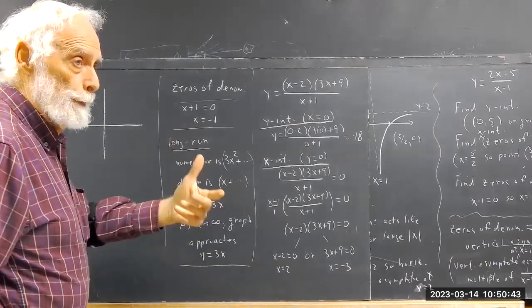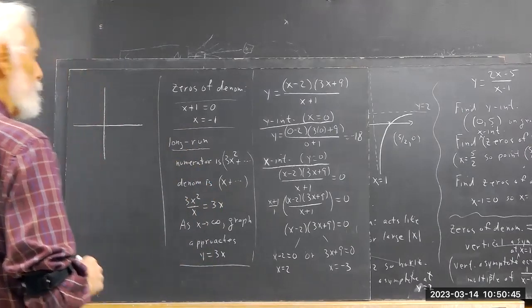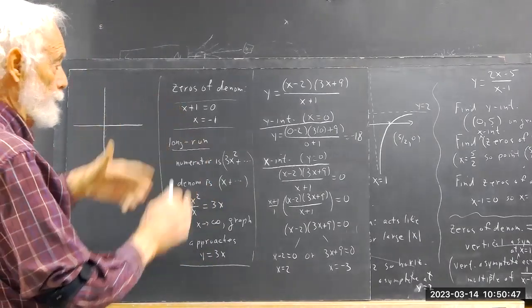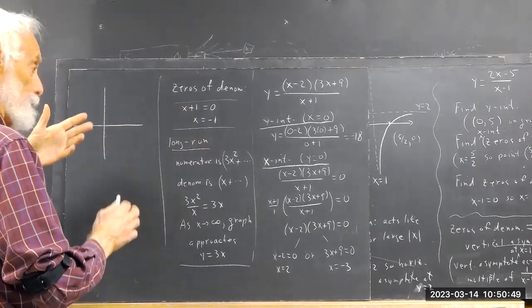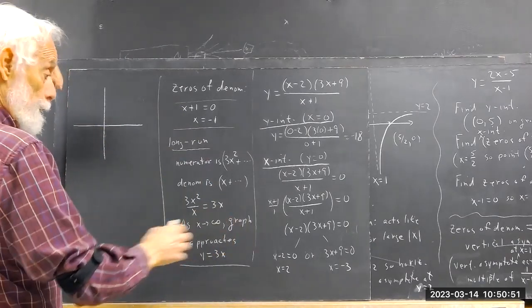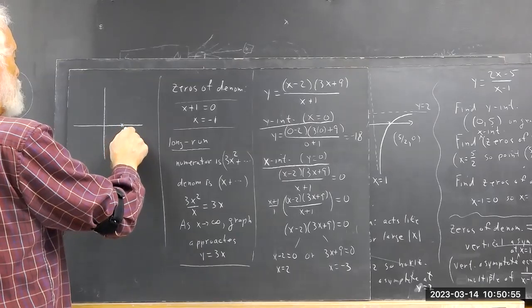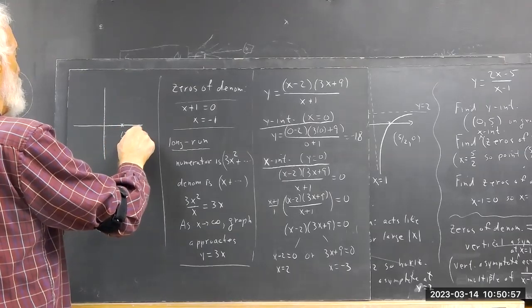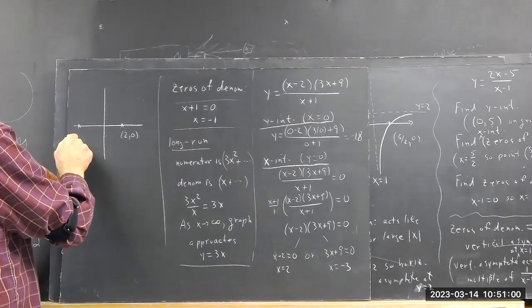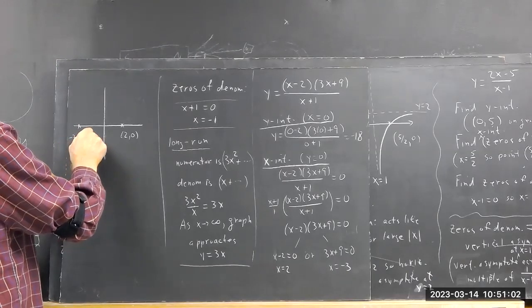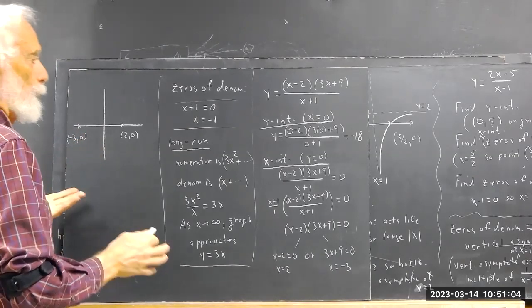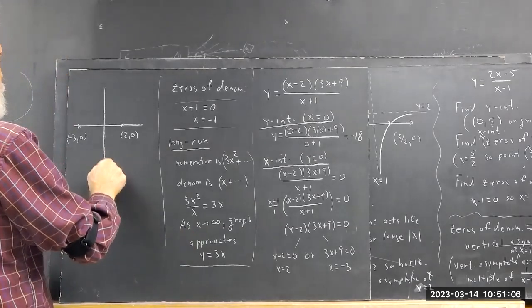You put the information you have on a graph. You put the x-intercept and the y-intercept. Okay, we've got 2 x-intercepts: x equals 2 and x equals -3. We have the y-intercept at 0, -18.